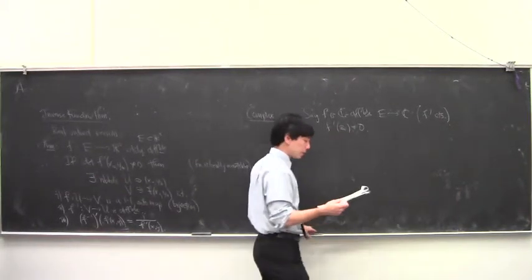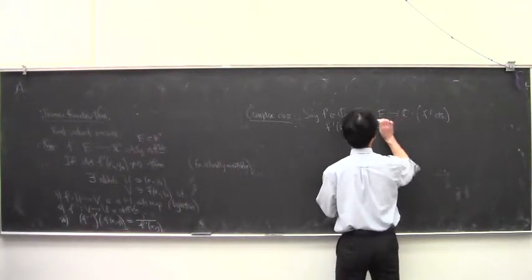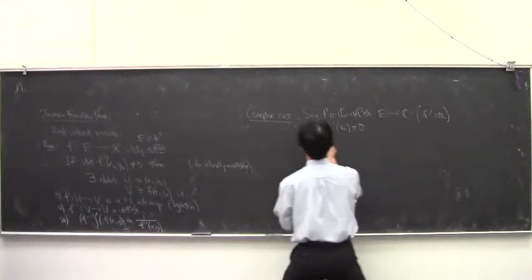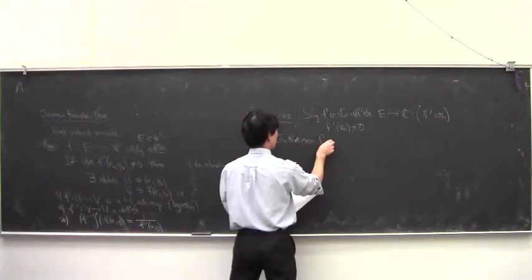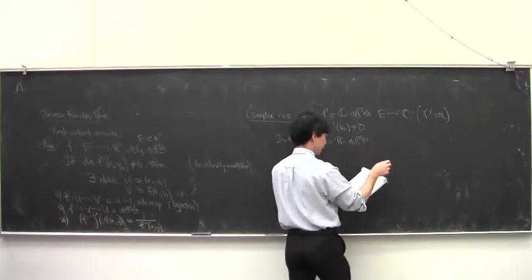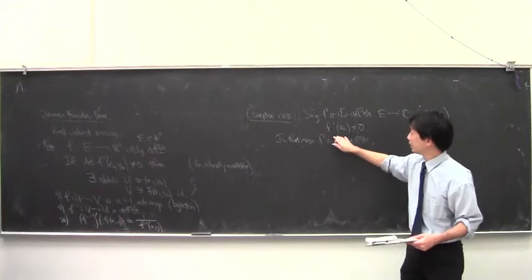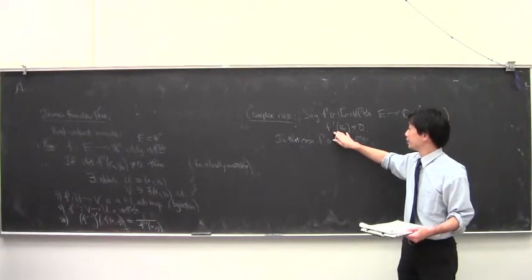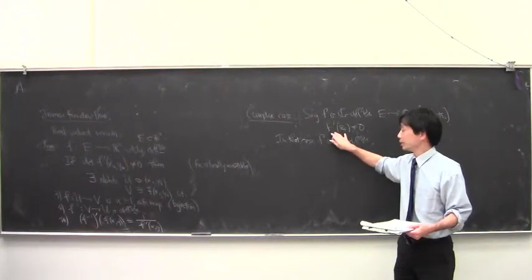Suppose that the complex derivative is non-zero. We saw last time that if it's complex differentiable, then f is real differentiable, and the determinant of the derivative is the modulus of this squared.